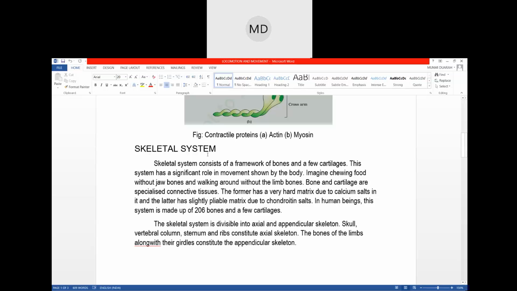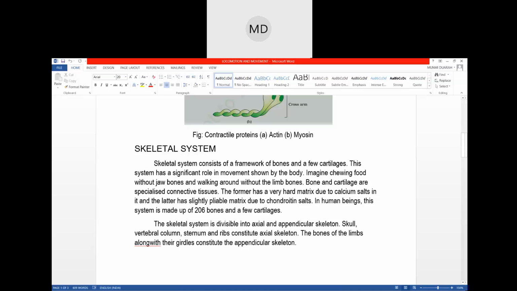If you have seen a skeleton, it comprises all the bones and cartilages, starting from the skull, the bones of your legs and hands, the bones of the face, the rib cage and everything. So all those comprise the skeletal system.